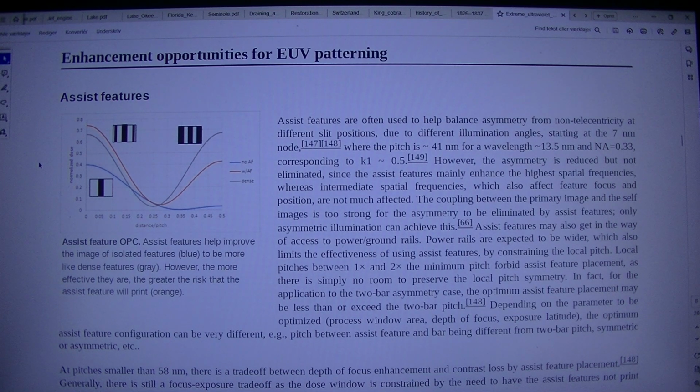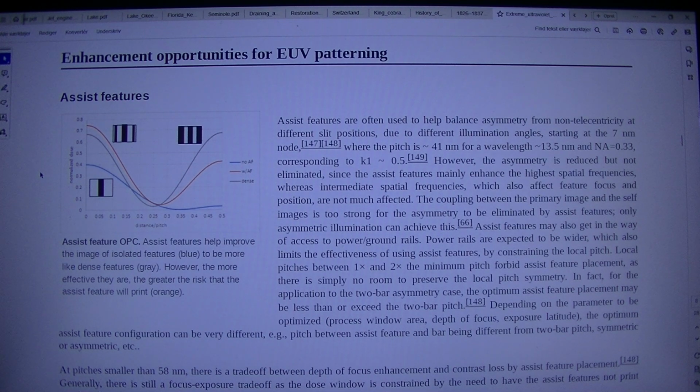However, the asymmetry is reduced but not eliminated, since the assist features mainly enhance the highest spatial frequencies, whereas intermediate spatial frequencies, which also affect feature focus and position, are not much affected. The coupling between the primary image and the self-images is too strong for the asymmetry to be eliminated by assist features. Only asymmetric illumination can achieve this.